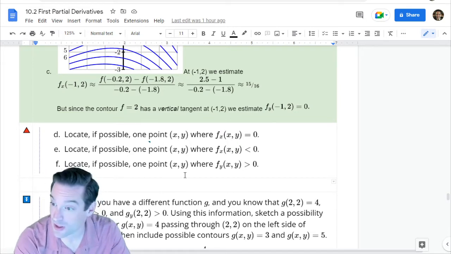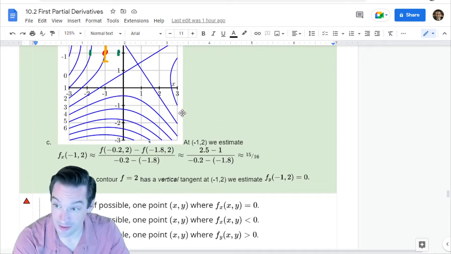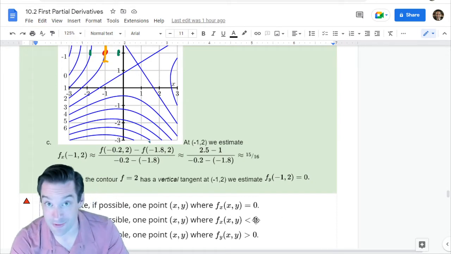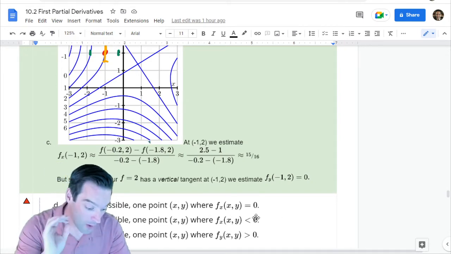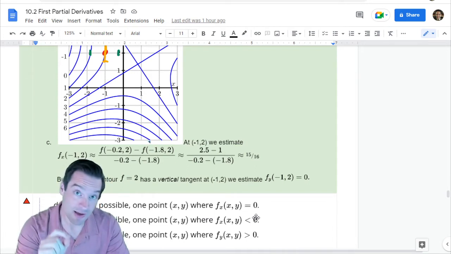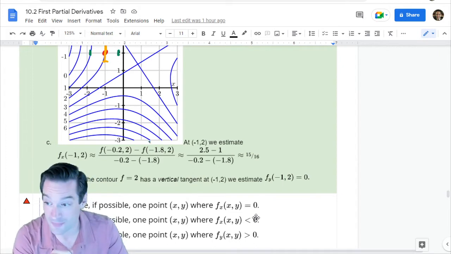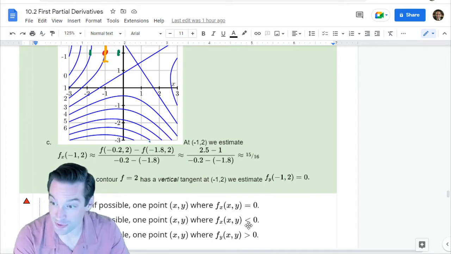So see if you can use a contour plot to locate one point on the contour graph here where the x partial derivative is negative. So again, think about at what points does increasing x have the effect of decreasing the value of f of x and y. That's what a negative x partial derivative would tell us.